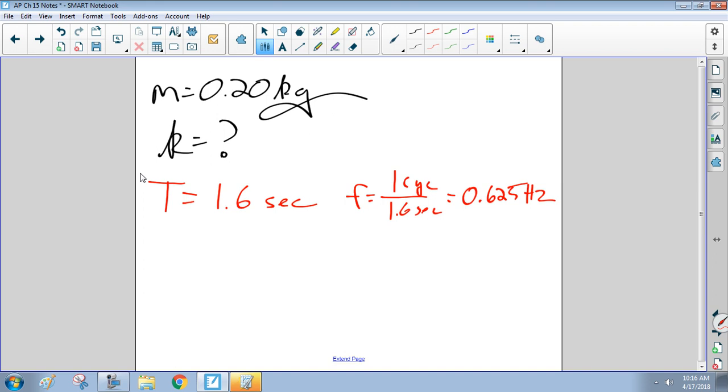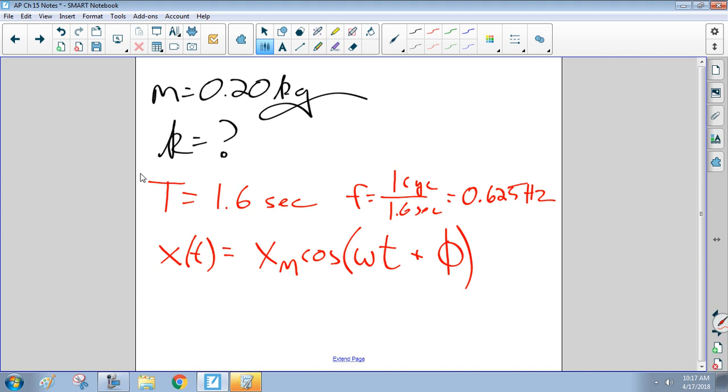Now, remember, we decided that we could express our simple harmonic motion using this. Our position at time t ought to be some maximum displacement times the cosine of our angular frequency times t, that's the variable, plus some phi that ensures that our time 0 corresponds to the position at that time.